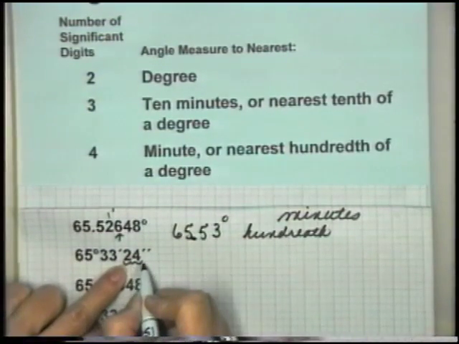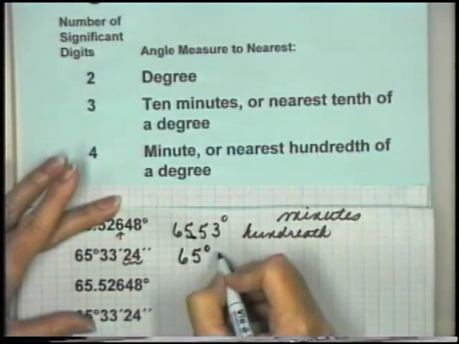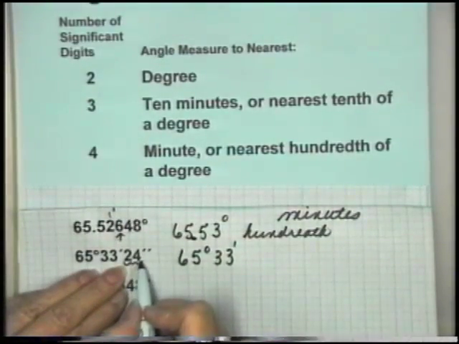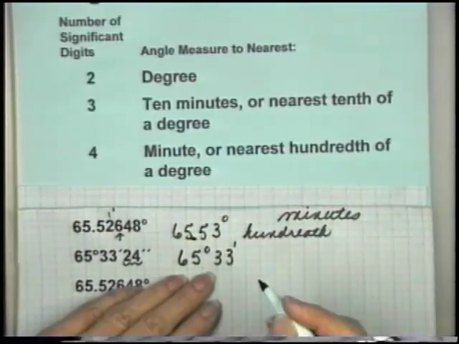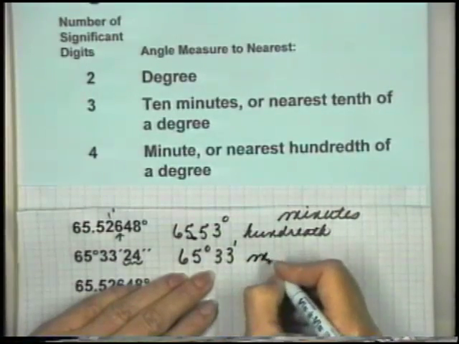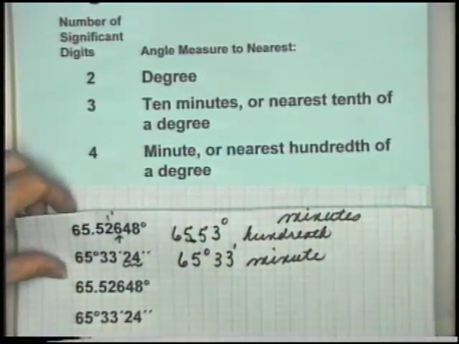So how about this? It's less than 30, isn't it? So this angle would be 65 degrees, 33 minutes. That's less than half of a minute, so we don't write it. And that would be rounded to the nearest minute.